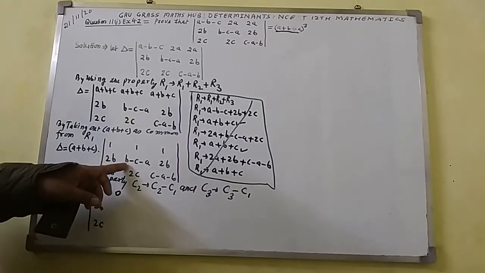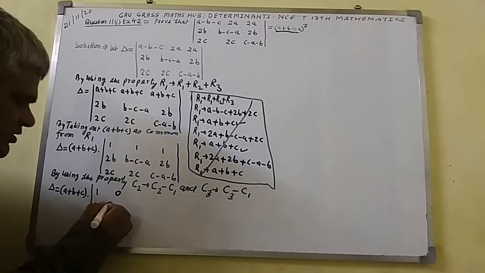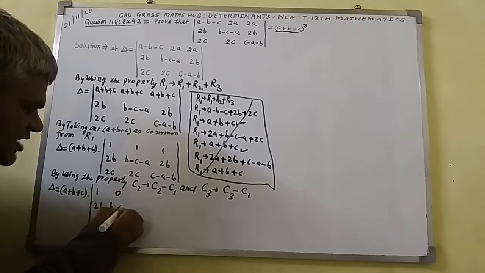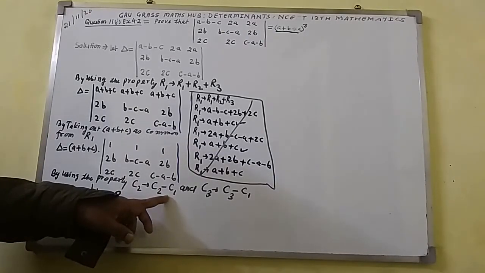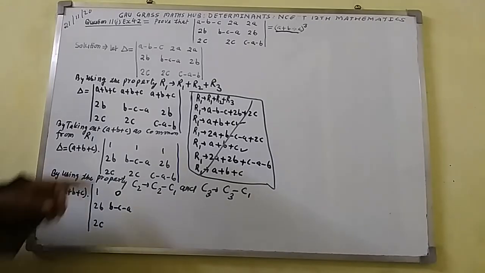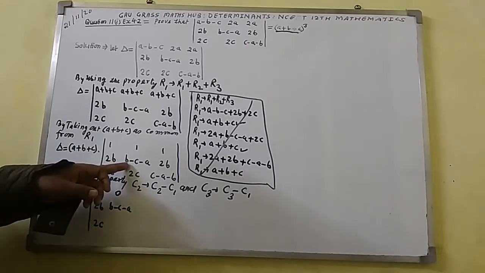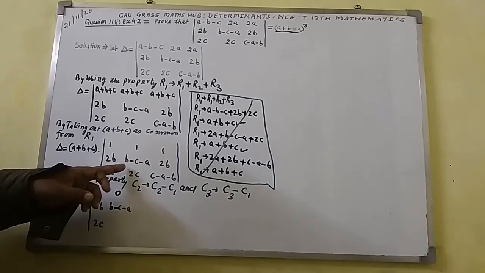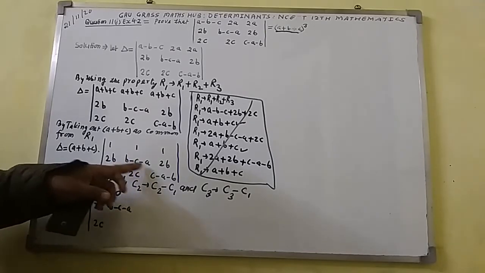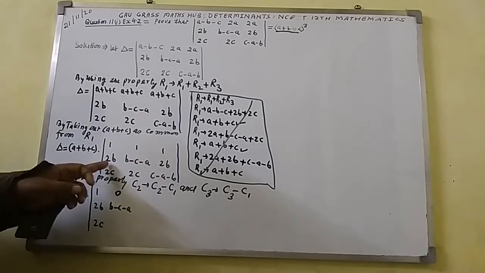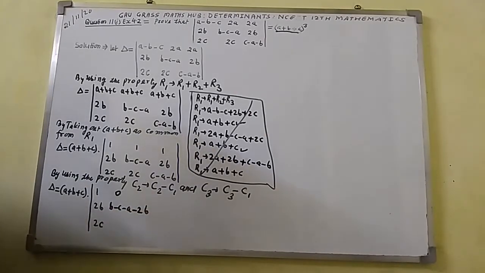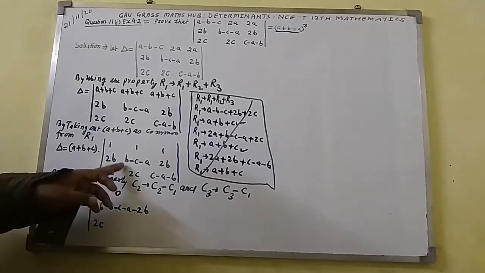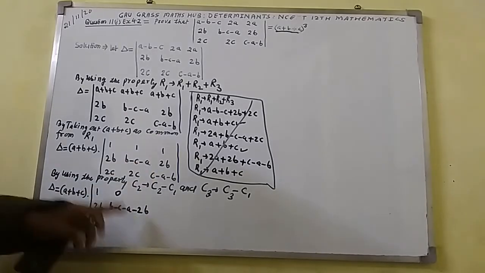And here, this is C2, so write C2. B minus C minus A, I shall write from C1. In C1 the corresponding element of B minus C minus A in the first column is 2B. Here write minus 2B.